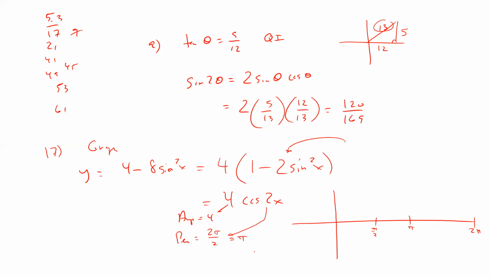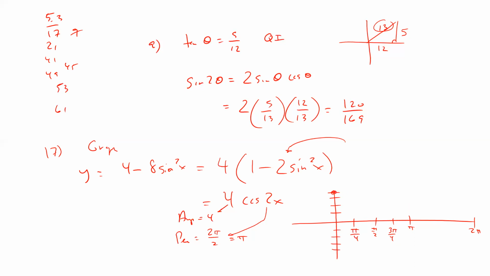So my period is pi, and that's all I need to worry about. That means I need to cut this pi into 4 pieces, so this has to be pi over 4. This is pi over 2, pi over 4, 3 pi over 4, and 4 pi over 4. I cut it into 4 pieces.